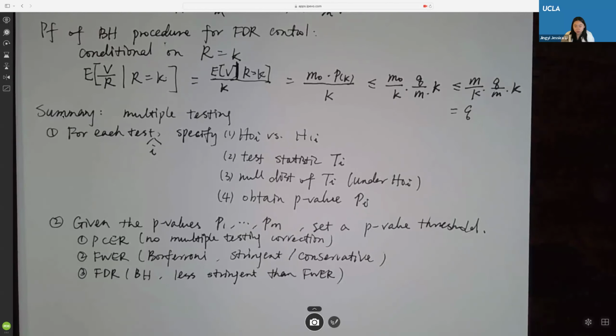So maybe that's too many for you to afford because you don't want your experimental validation to likely fail. But with family-wise error rate, you may end up getting not much, maybe just 2 or 3 genes, because the p-value threshold is just too small, and you are not happy, right? You think a lot of the signals are missing there. So when you are being conservative, you are also losing your discovery power because you don't call many genes DE genes. So the FDR became popular because it's in the middle and it can give people a decent number of discoveries to continue from there.